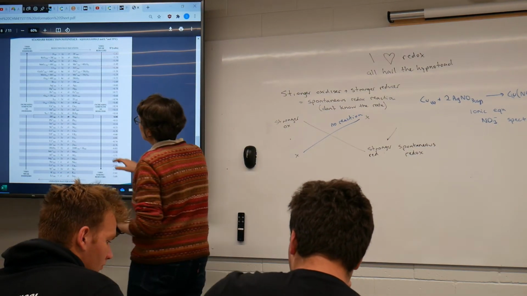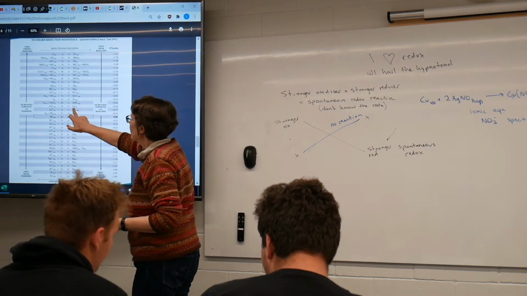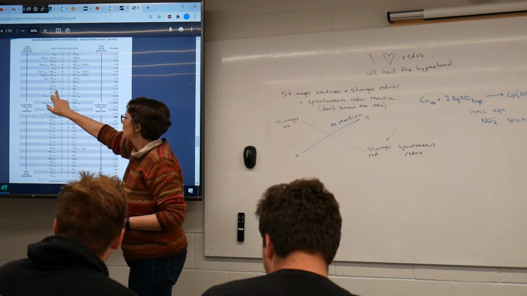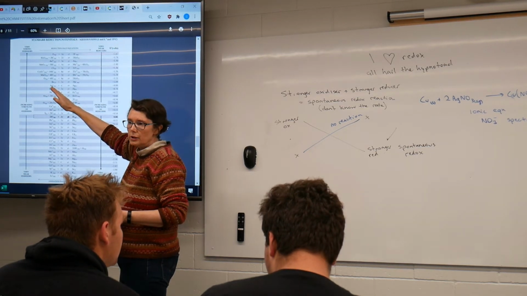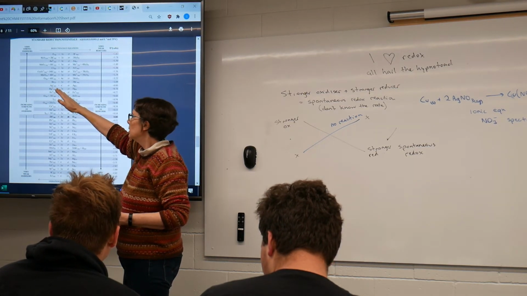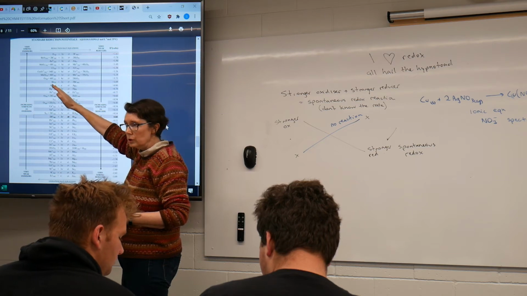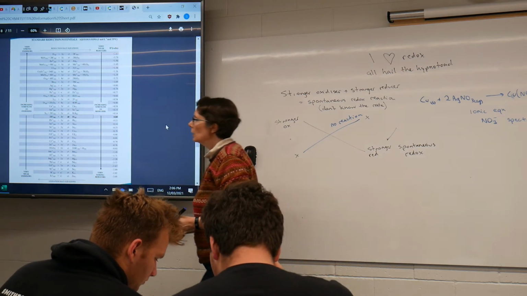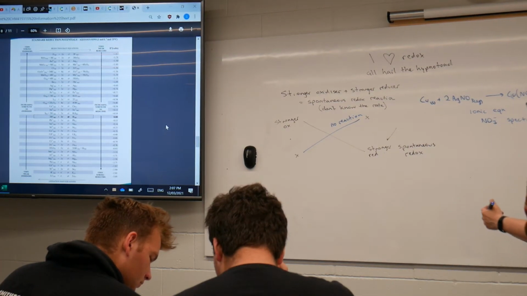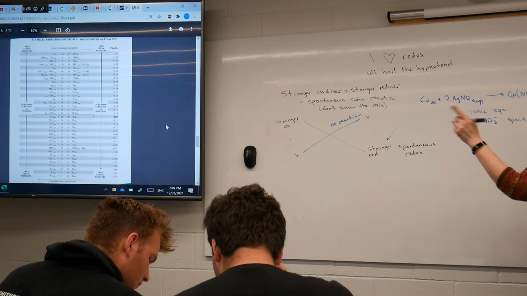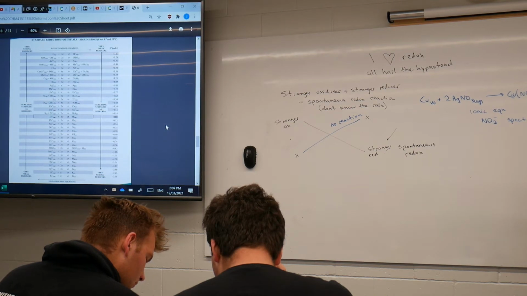I've got copper metal and I've got silver ions. And so they are in that diagonal relationship with a stronger oxidizer reacting with a stronger reducer. And so yes, I do anticipate a spontaneous reaction to occur, and I can just write them down as they're written on there.